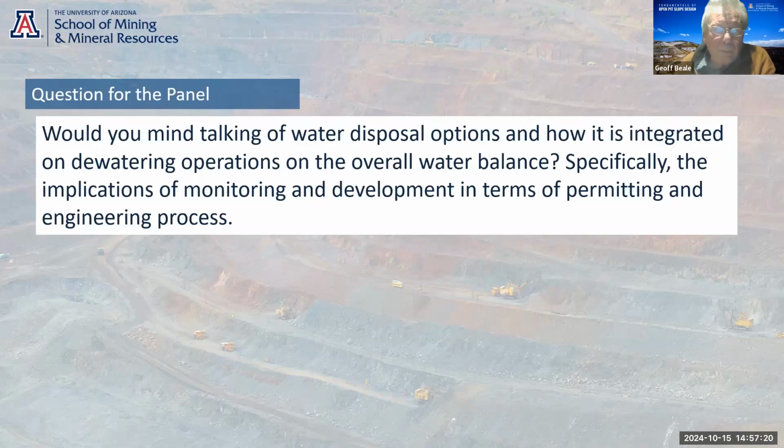There's lots of options, and it really comes down to understanding the water balance, the flows and the chemistry, and deciding whether you can discharge to surface water or groundwater, and what the engineering and treatment implications are.